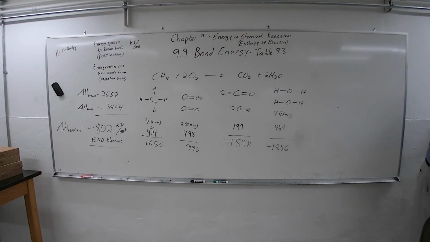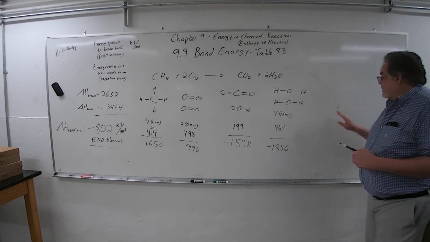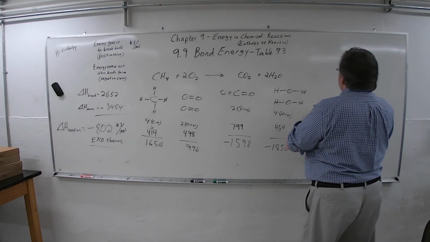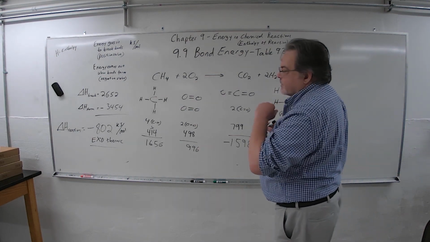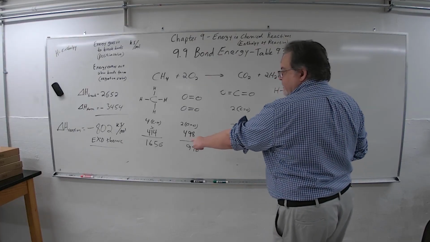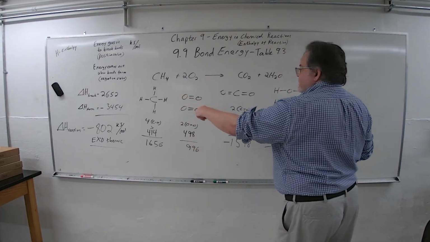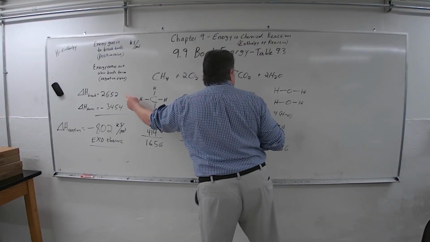It's worth noting, there's a diagram here. They did a different reaction here as an example, but let me just draw my own diagram here. A total of 2652 goes into breaking bonds.